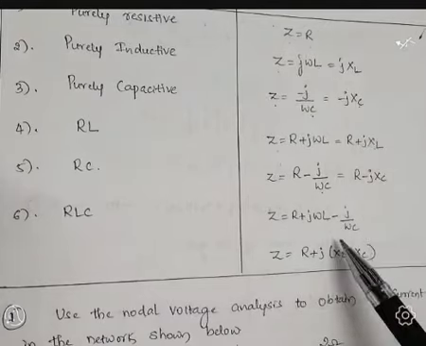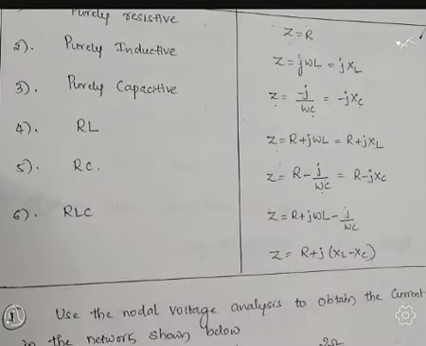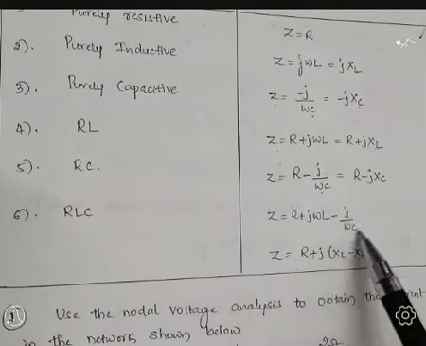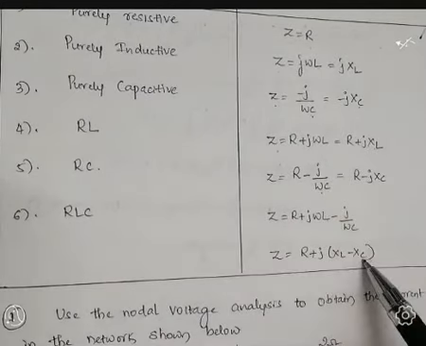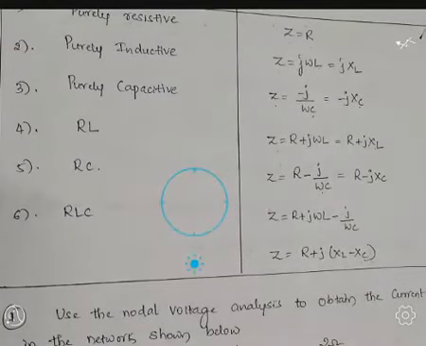Hence we can simplify this as R plus j, taking j common outside: omega L is XL, minus j divided by omega C is written as minus jXC. So j is taken common, left with XL minus XC. So this is about the types of circuits and respective impedance values.